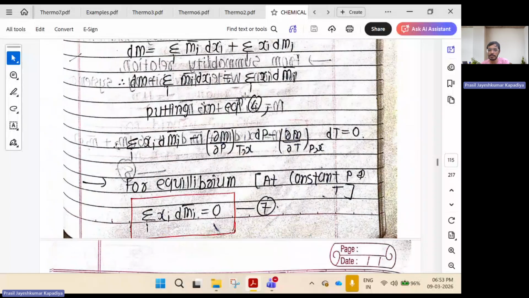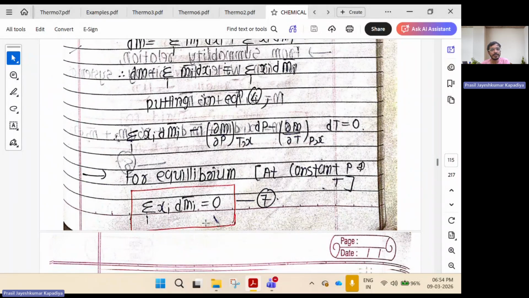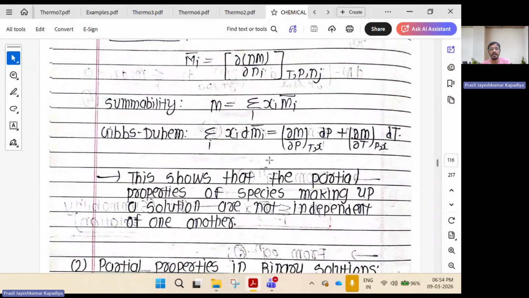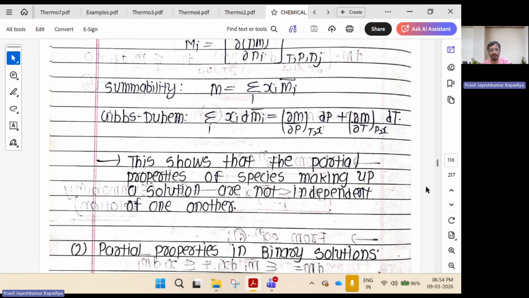When we are dealing with constant temperature and pressure, summation xi dMi bar will be equal to 0. Not writing it at constant temperature and pressure, it will simply be summation xi dMi bar equal to del M del P dP plus del M del T dT. Okay, so this is my Gibbs equation.